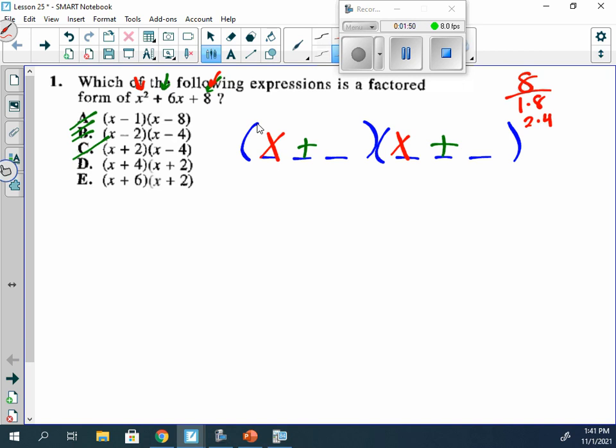So I'm either going to have x plus 2, x plus 4 using 2 and 4, or 1 and 8. Well, what does E say the factors of 8 are? It's saying 6 and 2. Is 6 times 2 equal to 8? Well, no. So the correct answer is D.